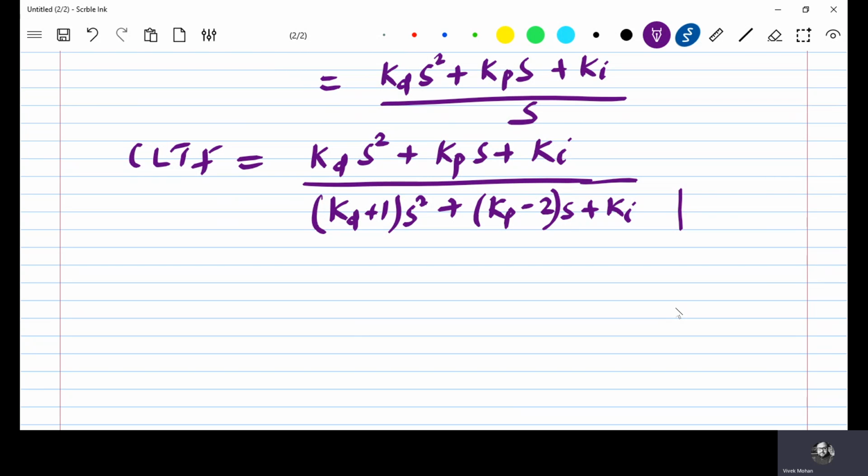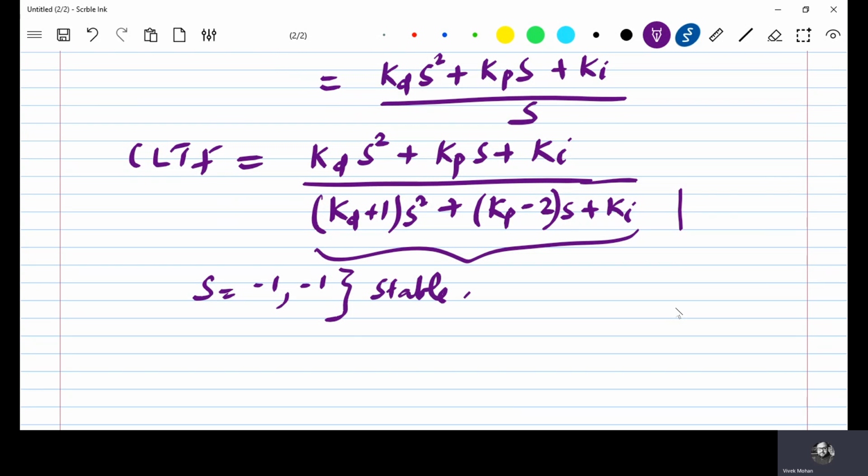We know that if the poles are at S equals -1, suppose this is a quadratic polynomial, then the system is stable. That means the polynomial should look like s squared plus 2s plus 1. That should be the denominator, right?